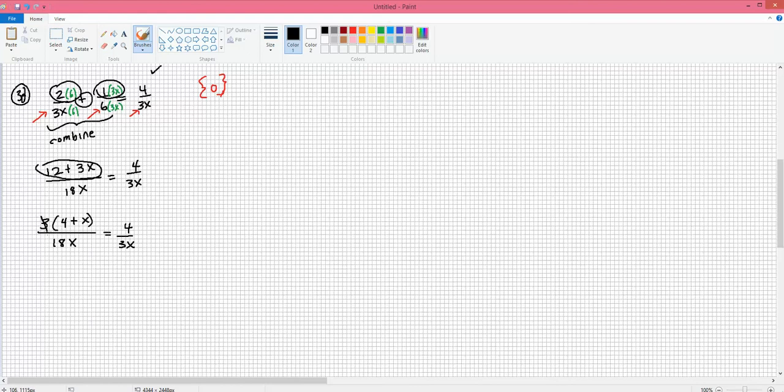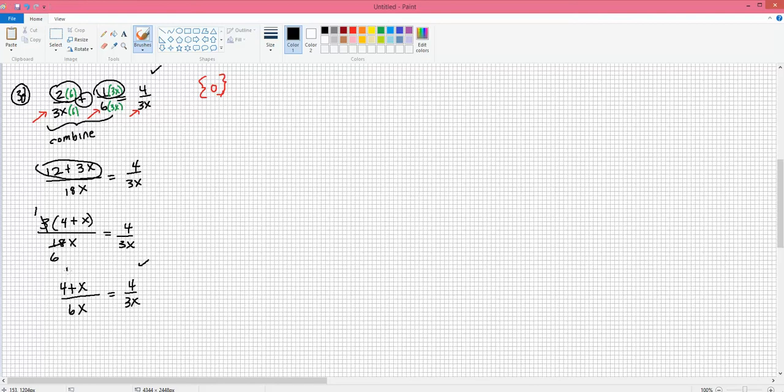And 3 goes into itself once and goes into 18 6 times. So this is really 4 plus x over 6x equals 4 over 3x.